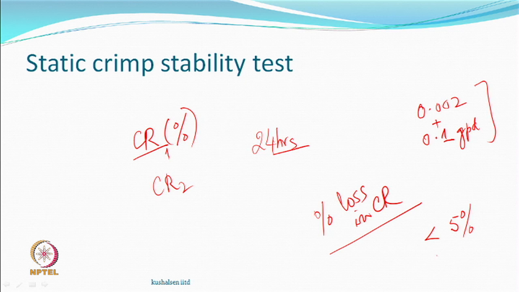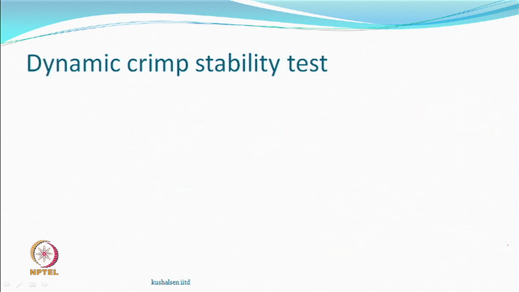But if it is more than 10%, you may start giving advice, do not do this, do not do that, like a care advice: do not wash at 80 degrees, wash at room temperature, etc. Or tell the guy that this is not good enough, we have to do something else, right. So, this is one of the ways in which you can evaluate your material.